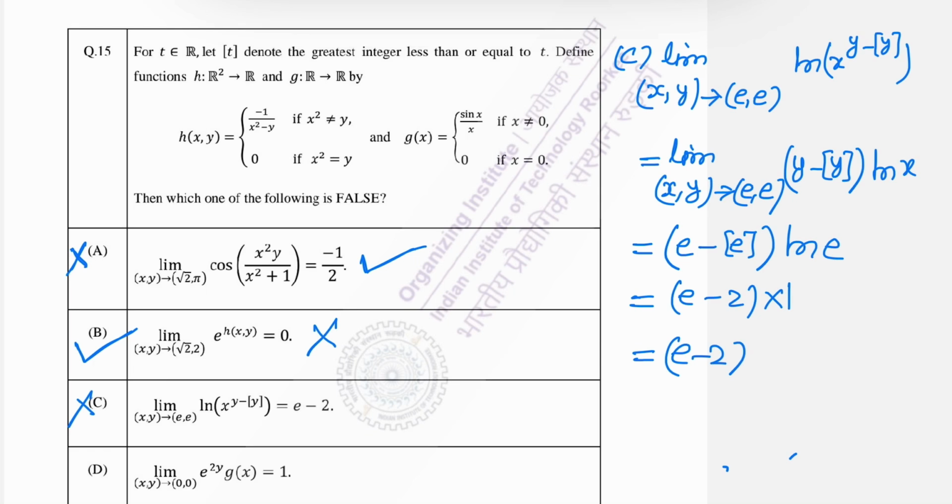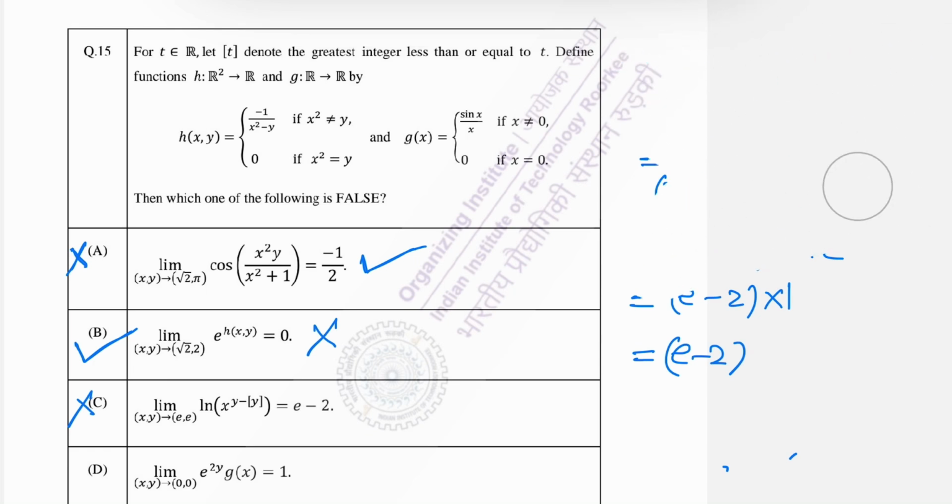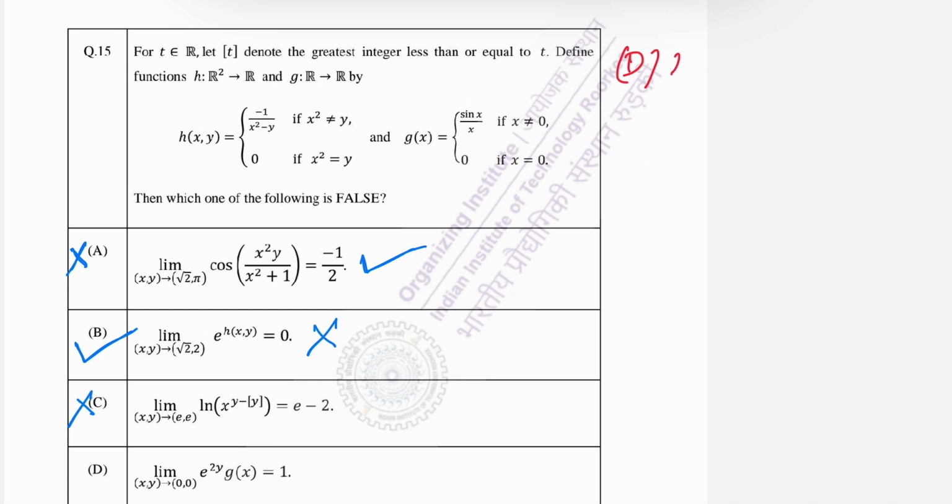Okay, now we go for the last one, that is D. Let us check whether D is also true or not. Okay, in D we have the limit as x comma y tends to 0 comma 0 of e to the power 2y and g x.